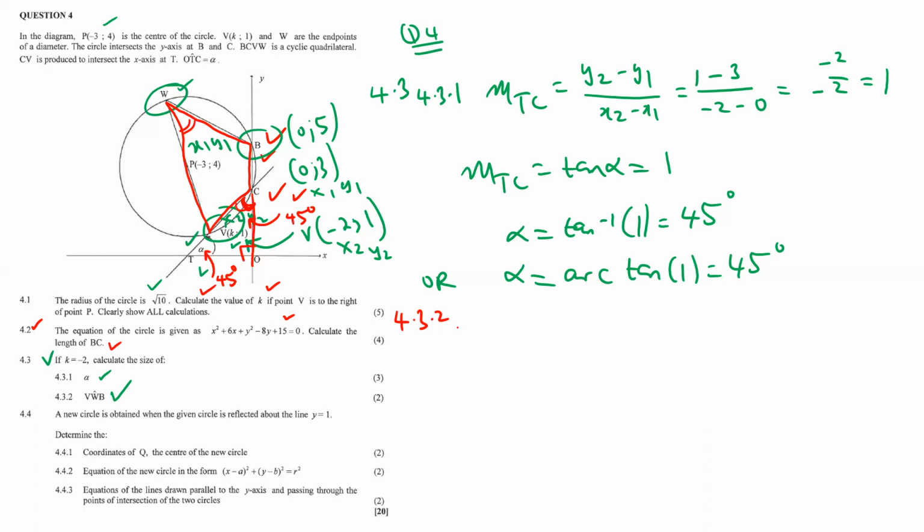So that angle there must be 45 degrees. This is very important for us because we're able to see that angle BCV is equal to what? What is angle BCV? Angle BCV is therefore this angle.